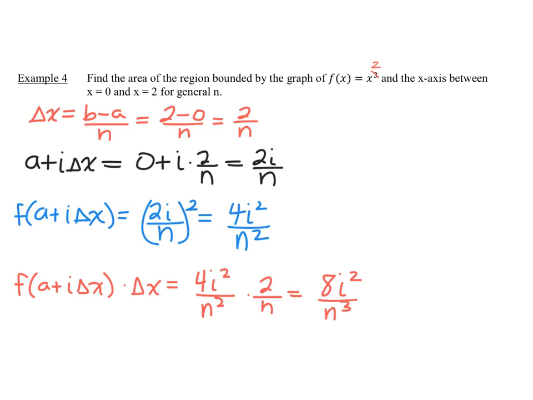The delta x represents the length of the base of any rectangle. Multiply the two together, you have an expression that represents the area of any arbitrary rectangle under this curve.